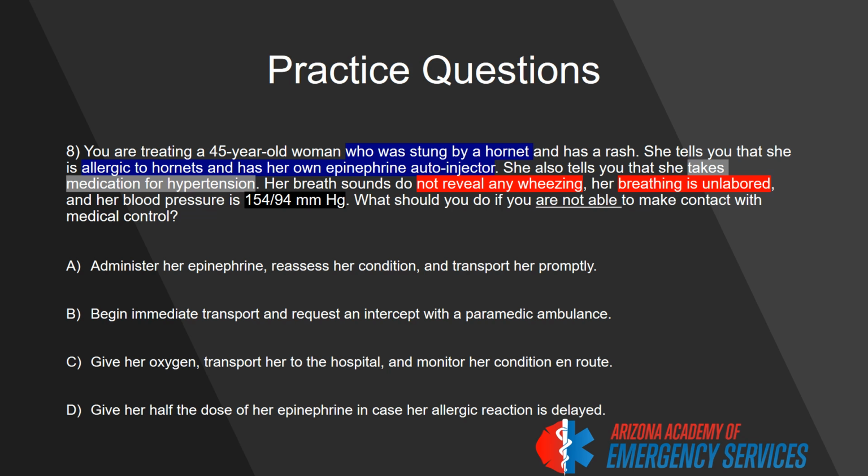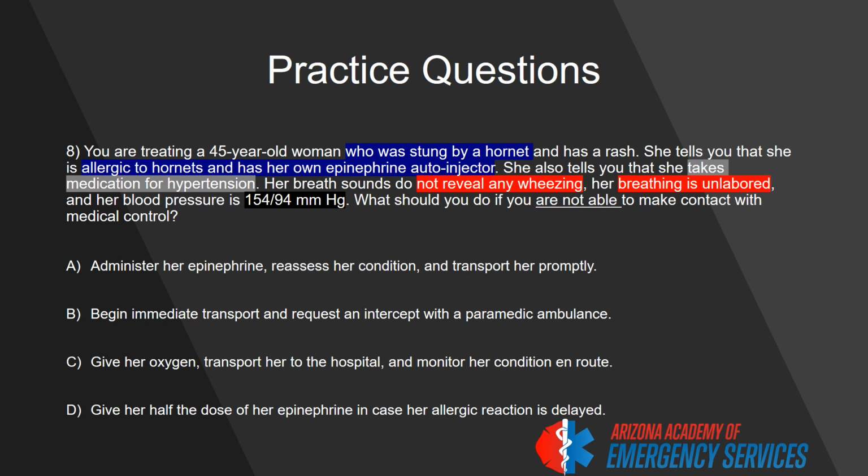So having a pre-existing issue with hypertension can cause some issues with the administration of epinephrine, but it is a relative contraindication, which means even in the presence of hypertension, if the patient is truly experiencing anaphylaxis, a life-threatening emergency, we are not going to withhold the life-saving intervention of epinephrine just because she has hypertension. So in this case, we can rule that as secondary information because we don't want it to distract us. If this patient truly needs epinephrine, we're going to give it to her regardless.